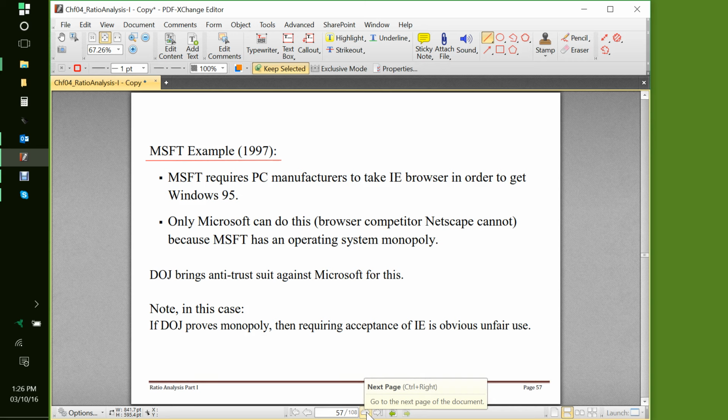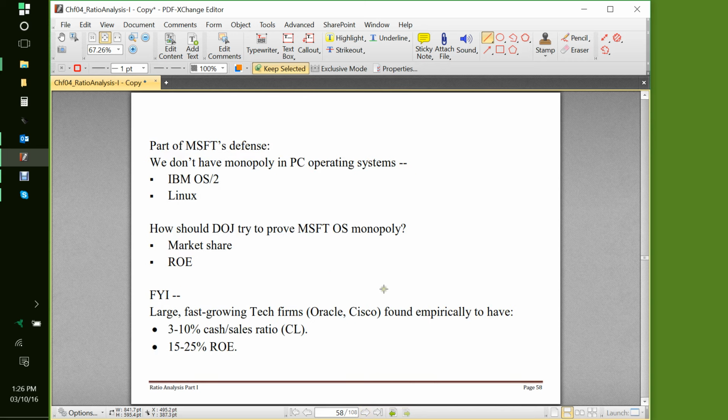That would make the case work. So what does Microsoft do to defend itself? Part of what it said was, hey, we're not a monopolist. They have to show that, otherwise they're totally screwed.